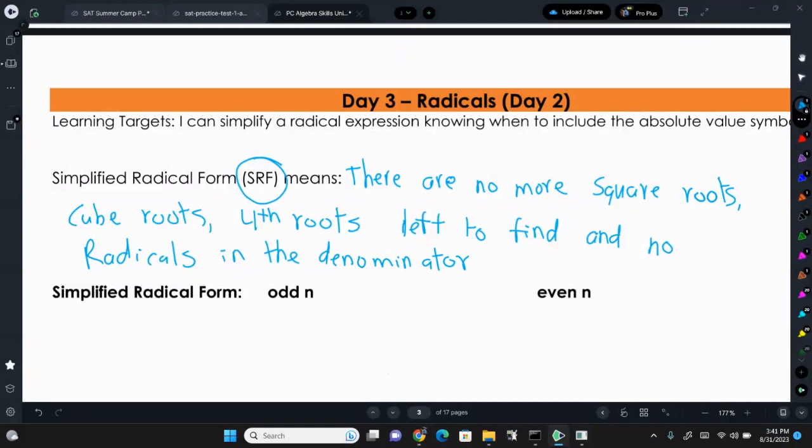Now in Algebra 2, we did simplify radicals with variables in them, and we just assumed that all variables were positive. This year, we're not going to assume that all variables are positive, and what that will mean is that in some instances we have to add absolute value bars.